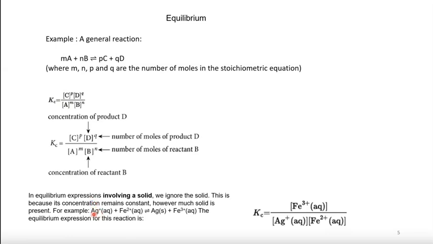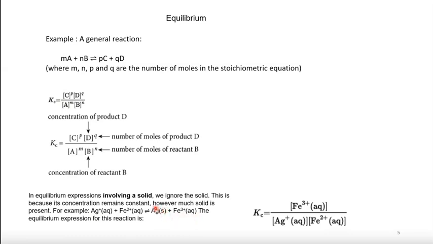So when a product is solid, we ignore the solid concentration. The equilibrium constant for this reaction, silver ion aqueous and ferrous ion aqueous forming silver solid and ferric ion: the products are silver solid and ferric ion.